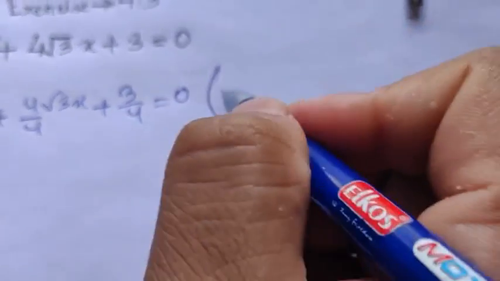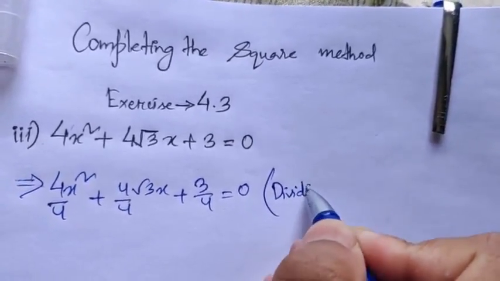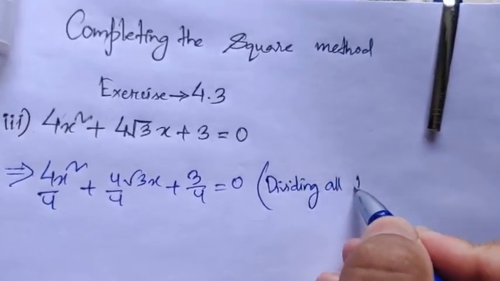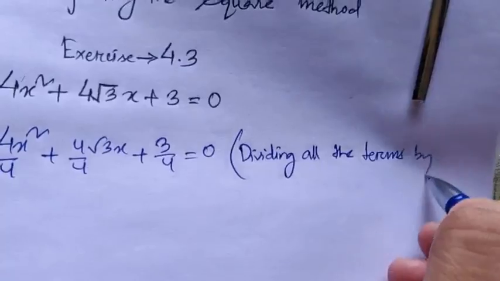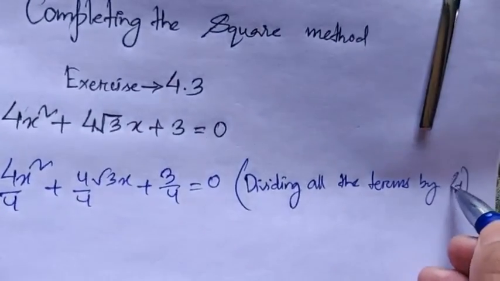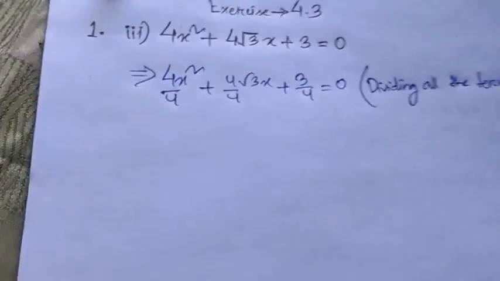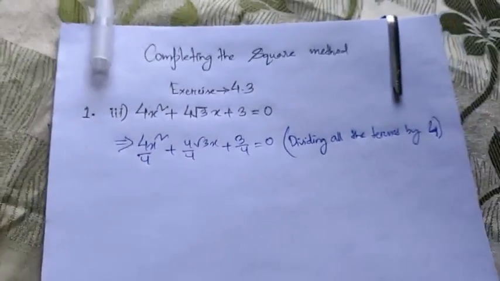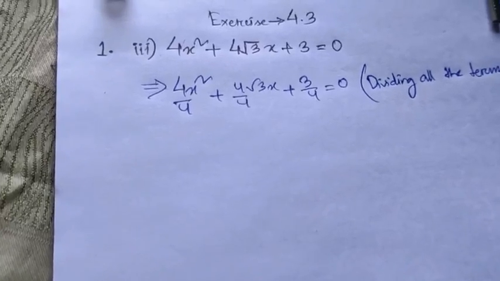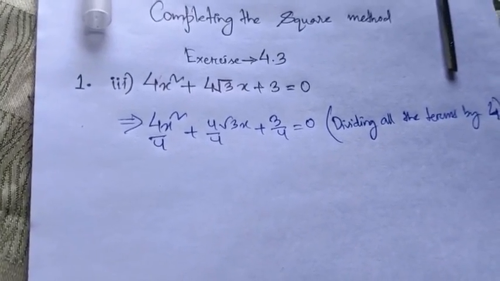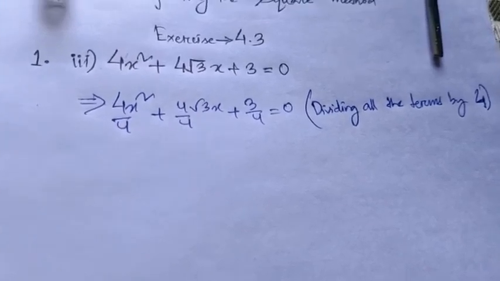So first step, I hope you've understood. You will always have to see what's the coefficient of x square. In the remaining equations, you may have something like 2, or something like 3, so you have to divide them by 3. So this is the first step.